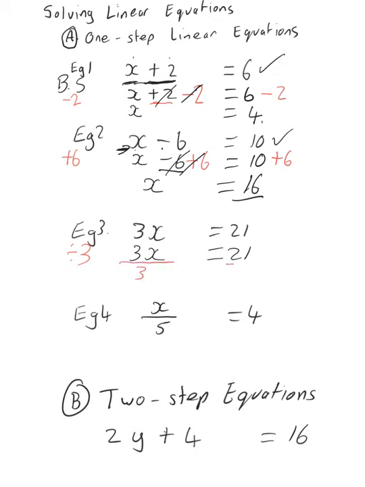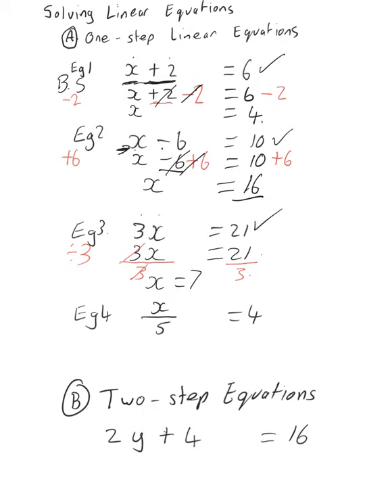Divide that by 3, divide 21 by 3. These two cancel out to be 1. Therefore we have x by itself again, which is what we're after. 21 divided by 3 is 7. And again, we can check: 3 times 7 is 21.